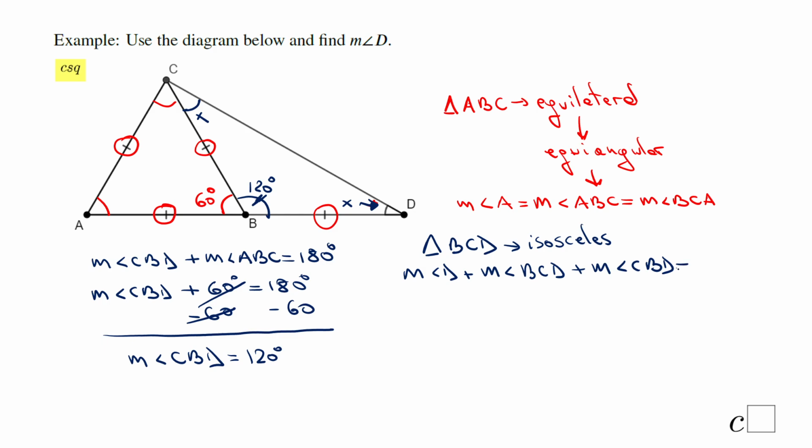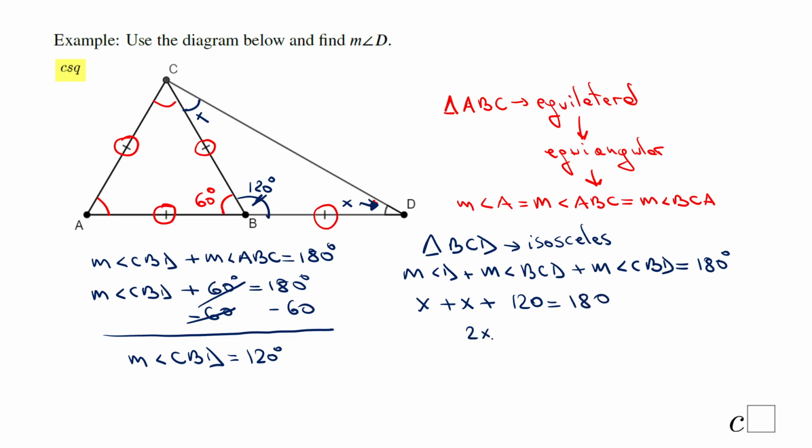If we add these three angles, that will be 180 degrees. So this angle D, I will call it X like I said. BCD is also X because it's an isosceles triangle, and the measure of angle CBD is 120, equals 180.